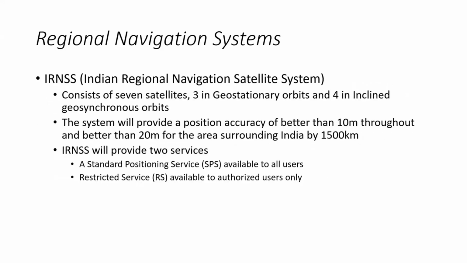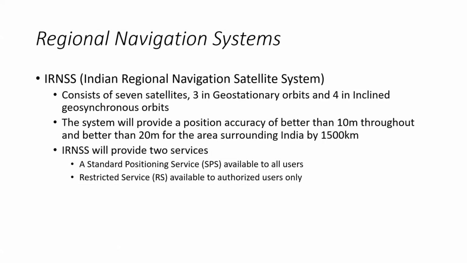Coming to regional navigation satellite systems. These satellites will not have global coverage, unlike GPS, GLONASS, and Galileo, which are called global navigation satellite systems, GNSS. The other systems are called regional navigation systems. Their satellites will not cover the whole of the Earth.